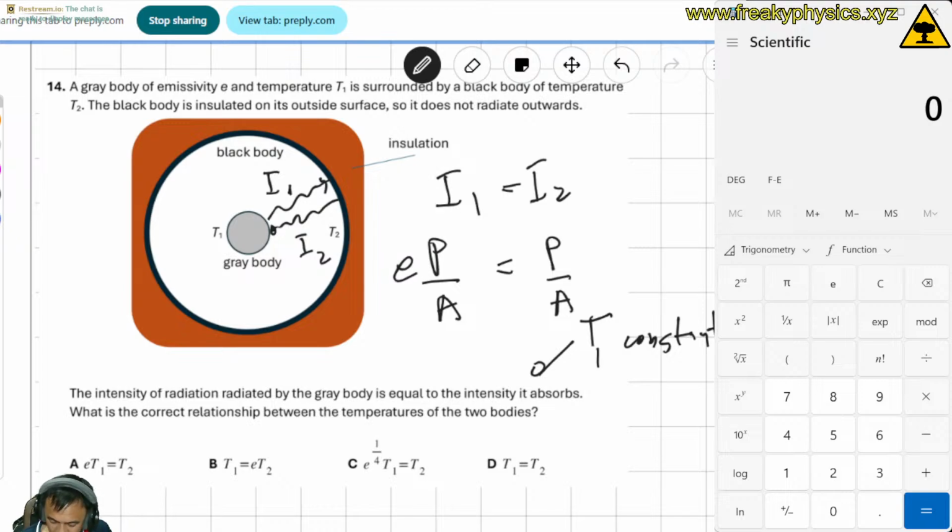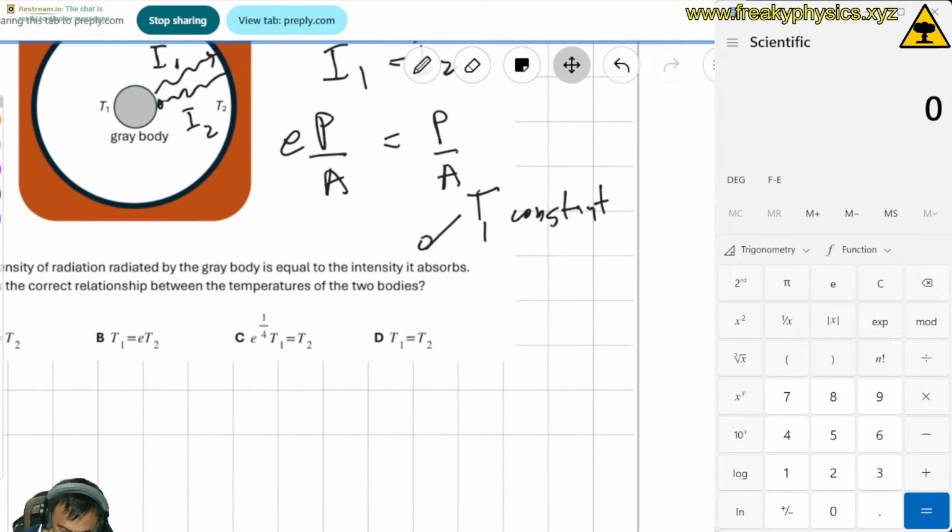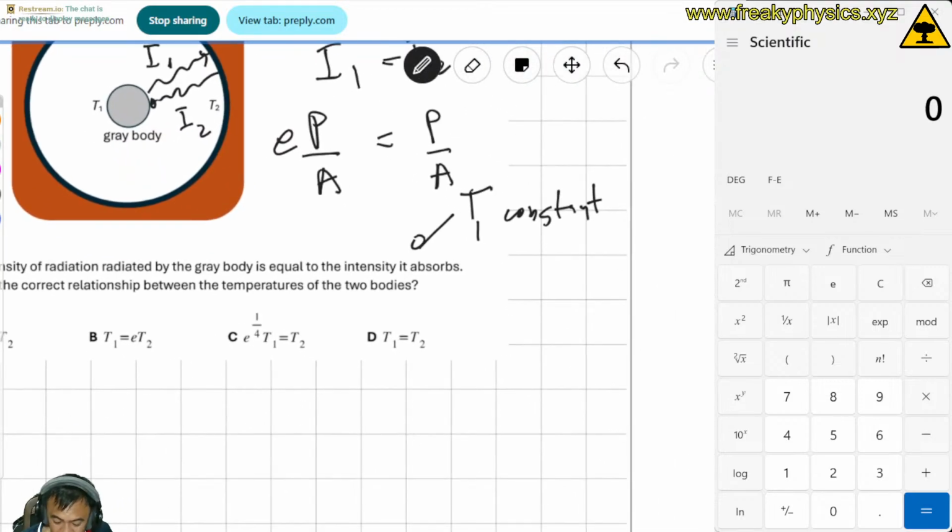Now, the thing about black body radiation, whether it's black or gray body, there is another formula which relates the intensity it emits to the temperature. Let me see if it's in the booklet. It should be under heat, so that should be under B. Let me double check.